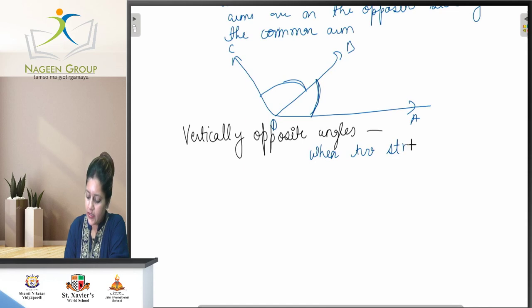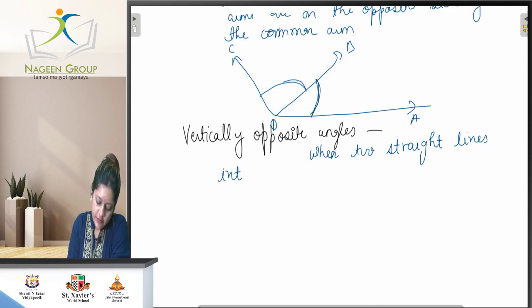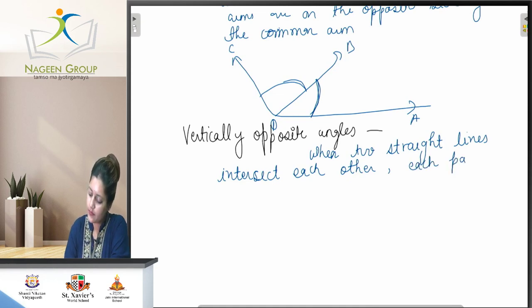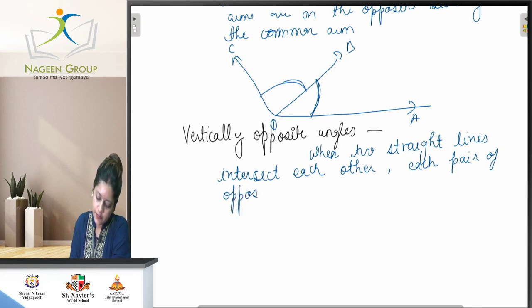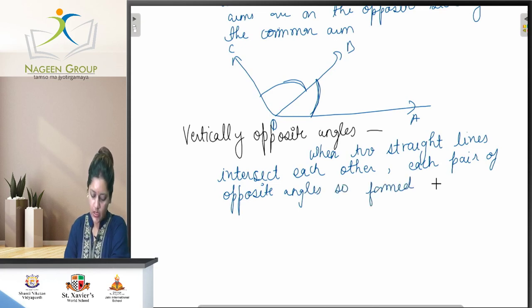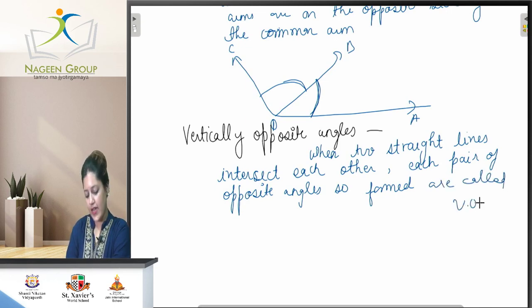The vertically opposite angles: when two straight lines intersect each other, each pair of opposite angles so formed are called vertically opposite angles.